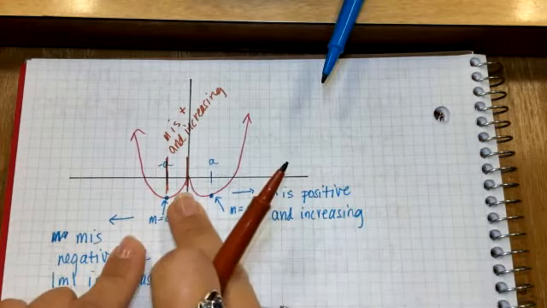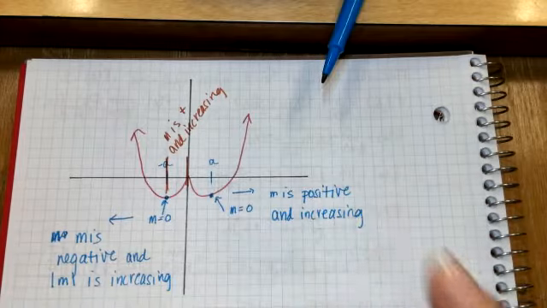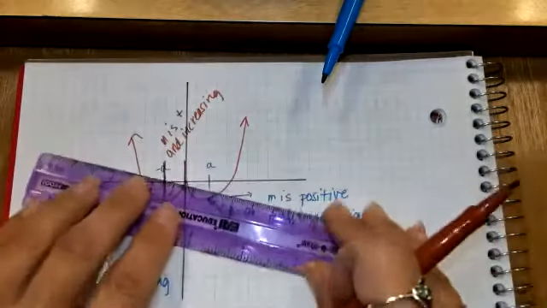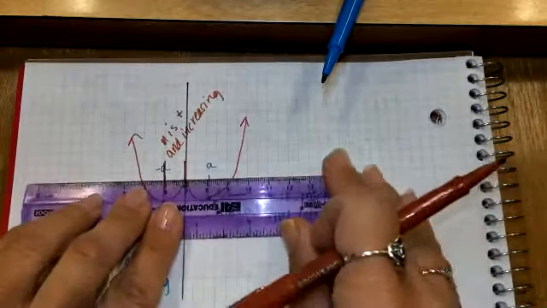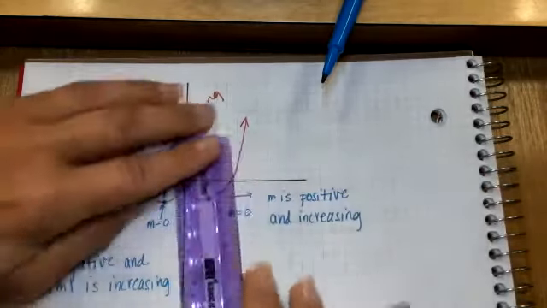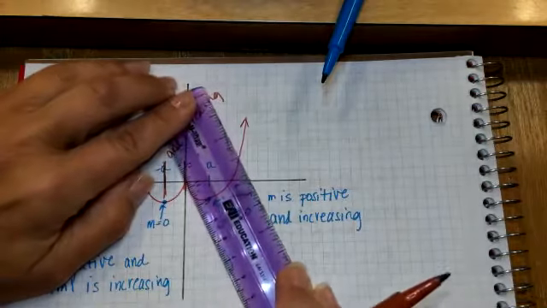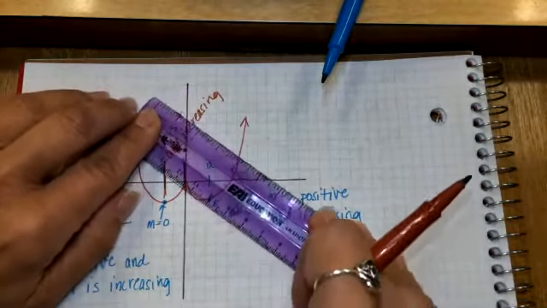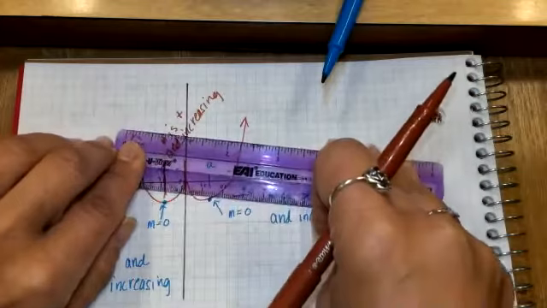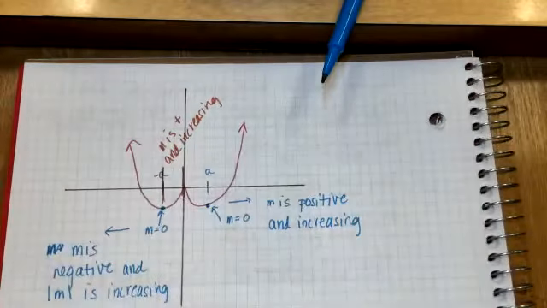And between 0 and the positive value of a on my graph, the slope is negative, negative, negative, and approaching 0.